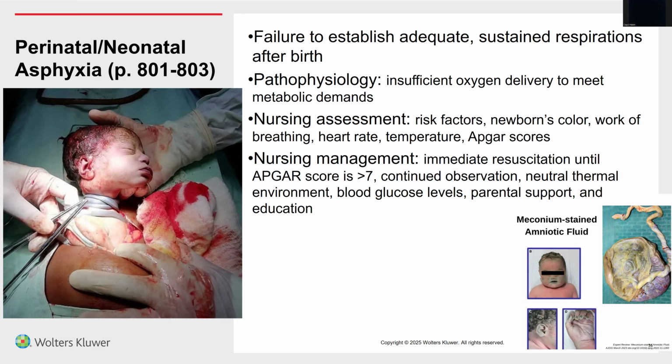If this baby has meconium staining on its nail beds, its ears, on its skin, just be aware that if the meconium's thick and the baby sat in there in thick meconium for a period of time, it's going to have a large amount of staining potentially on their body.